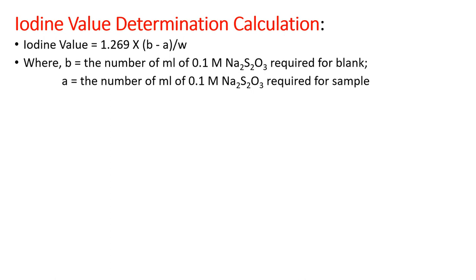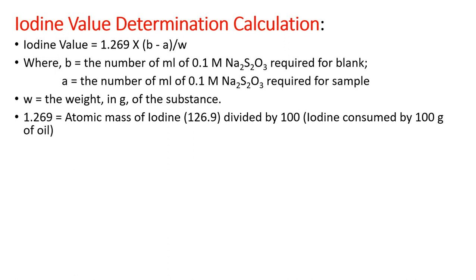So the number of ml of sodium thiosulfate required for A, that is the sample, will be less because the iodine will be consumed by the sample, whereas in the blank there was no oil to consume the iodine, so it will require more sodium thiosulfate. Then W is the weight in grams of the substance you have used. Substance means oil. Generally we use 1 gram of oil.